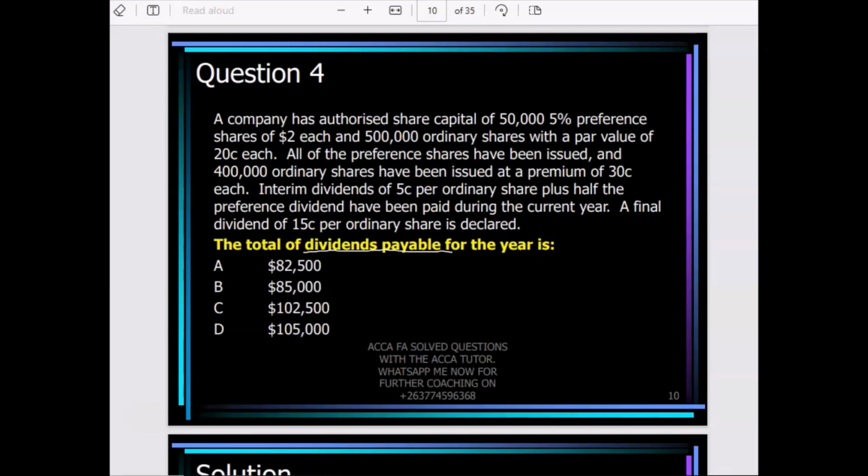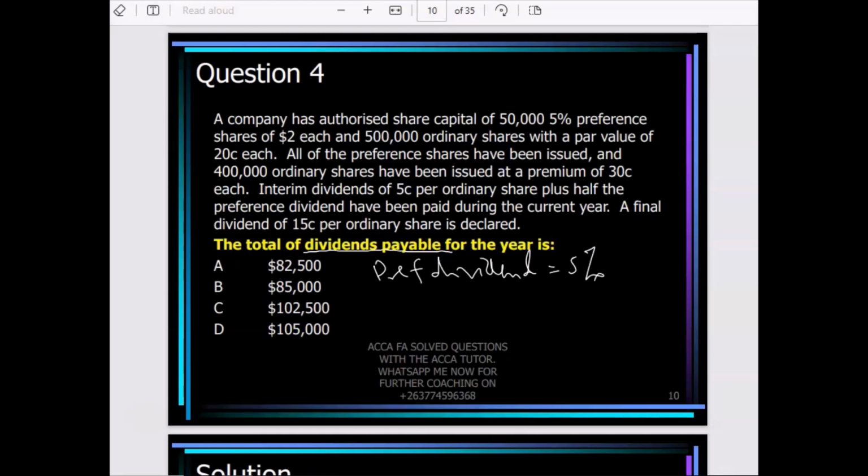Okay, so what we do is we then have to be very systematic. Okay, so we start with the preference dividend. Preference dividend. The preference dividend is based on 5%.